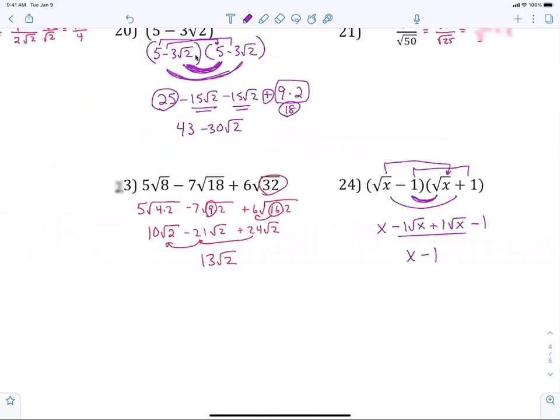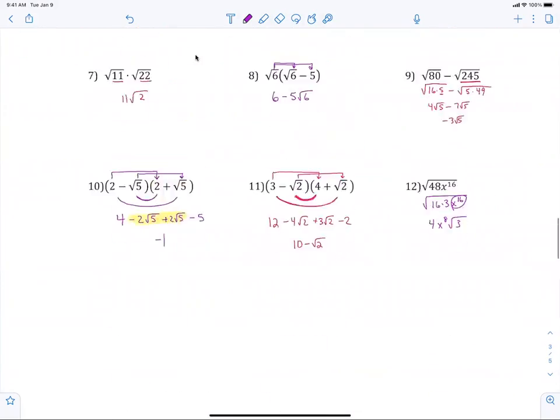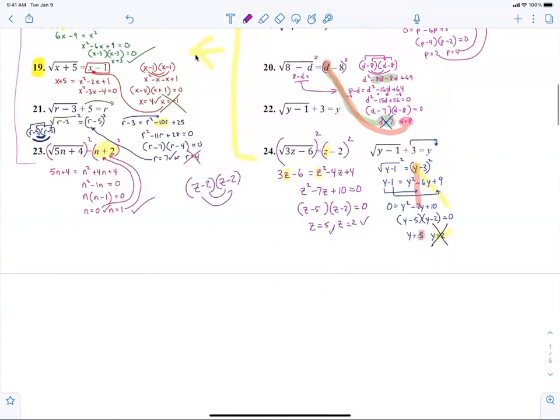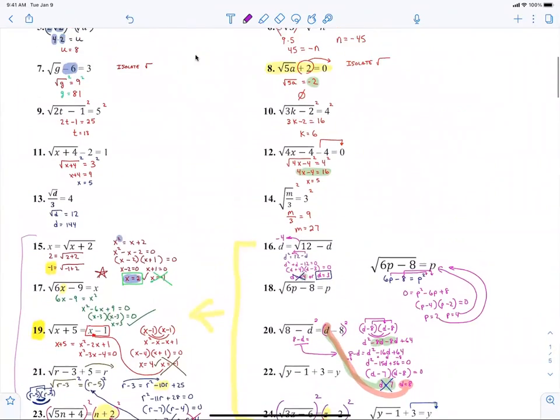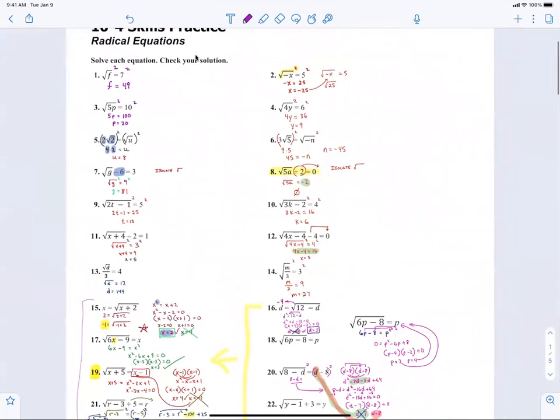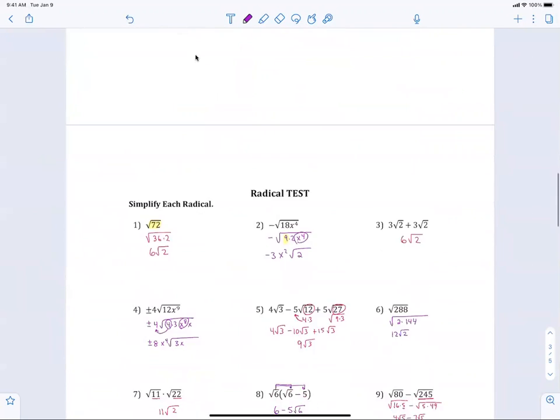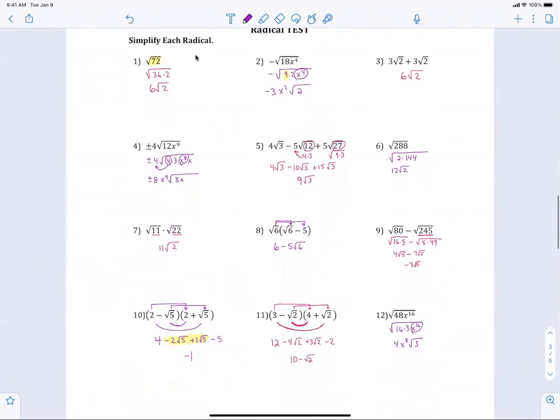All right. So homework, for sure, listen to me. For sure, everybody's doing the odds here, right? And someone asked me in the last class, I'm not trying to burden you. So if you did really good on the radical test, then there's no reason to review, right? If you didn't do so well on the radical test, I think it would be a good idea for you to look over the test.